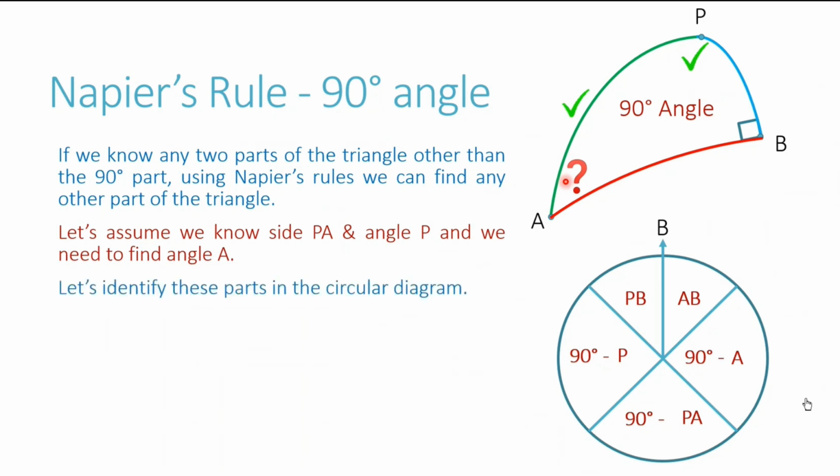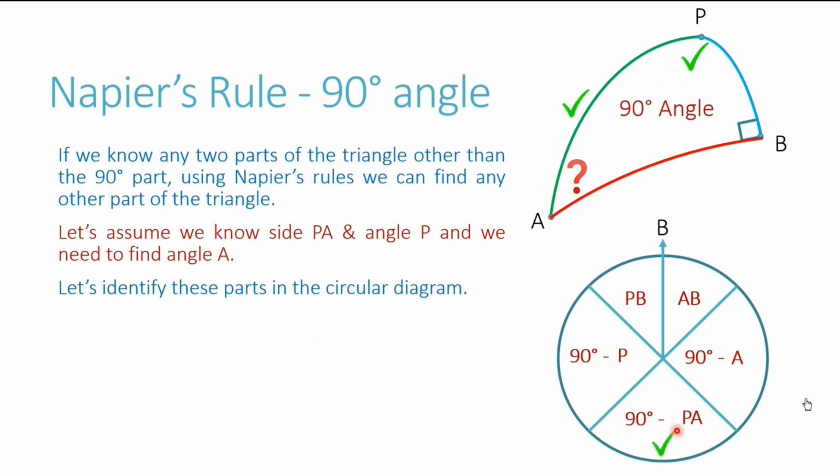Now we first need to identify these parts in the circular diagram or in the cartwheel. So the unknown part as well as the known parts, we need to identify them. Now the parts which are known to us are side PA, side Papa Alpha is known to us. Let's identify this in the cartwheel. Papa Alpha part is in this segment of the cartwheel.